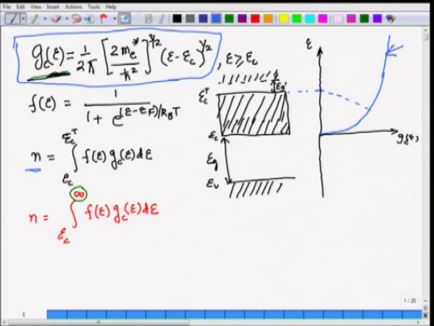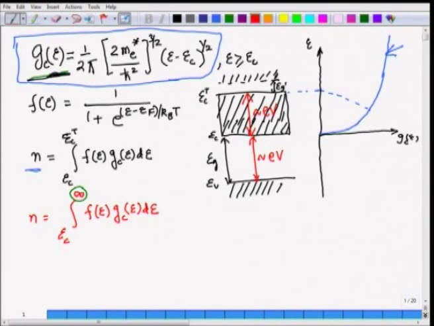This is the first point I will have to answer graphically. I am stating to you that it will be all right if I use this expression in this integration, and I will still get the correct value of n. That is one point I have to prove to you when I do graphical integration. The reason it will work out is because these energies are in the order of electron volts, and the bandwidth of the band is also a few electron volts typically.